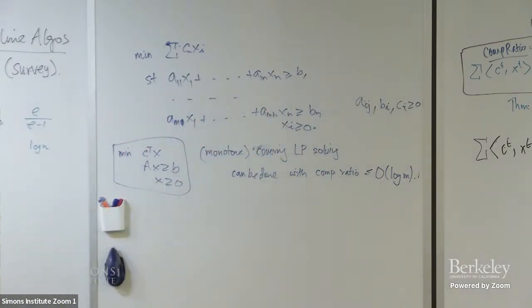So I can give you a bunch of constraints one by one, and you can only increase variables. And still at the end, here is a solution whose cost is no more than log m times the optimal cost.